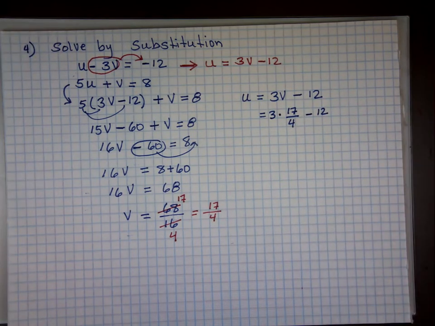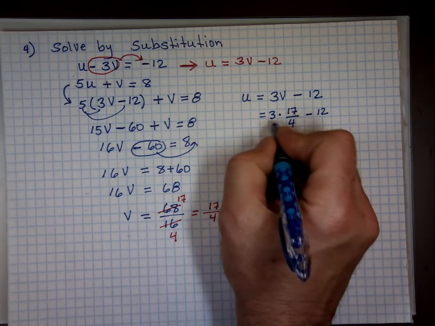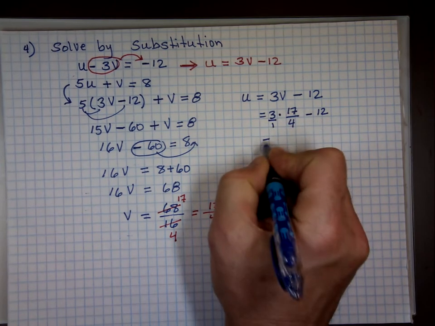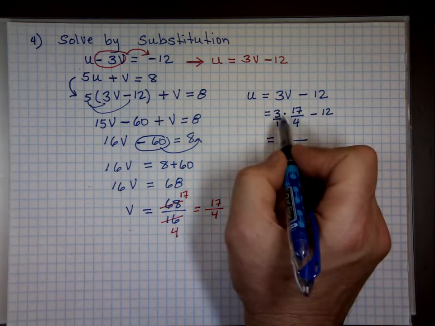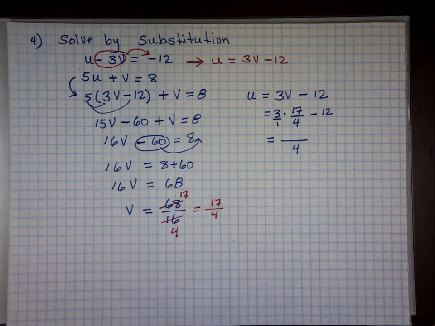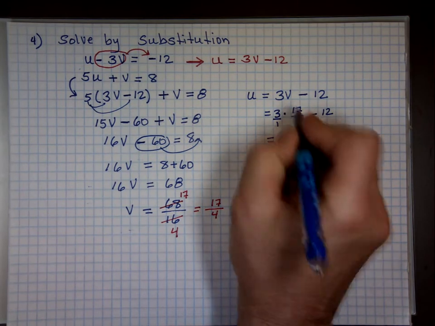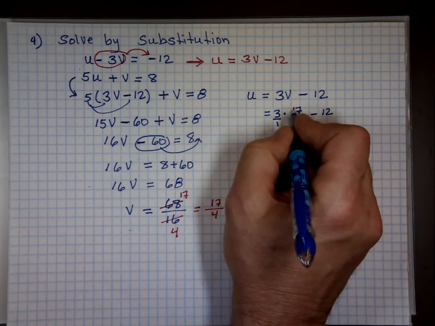Now, how do you solve this one? The 3 over 1. Three times 17. What do we have? 3 times 7, 21. 1 carry 2. 3 times 1 is 3, and 2, that's 51.